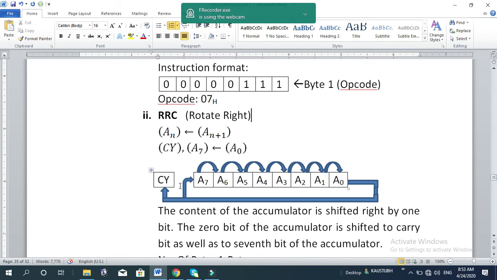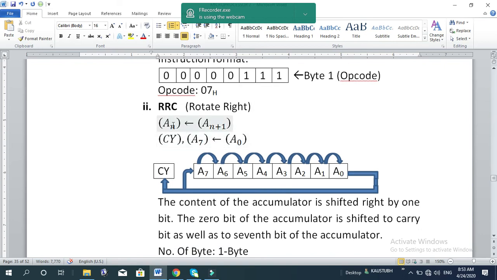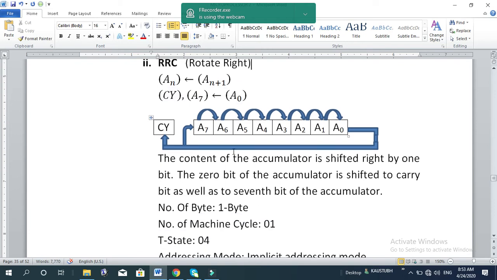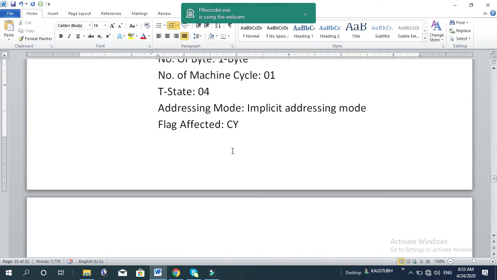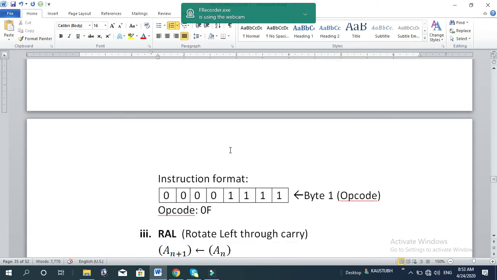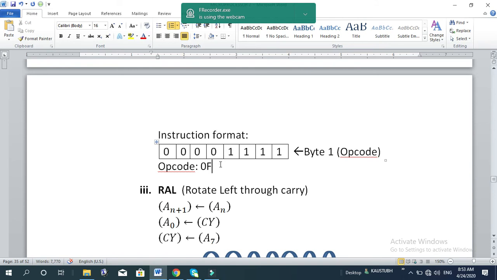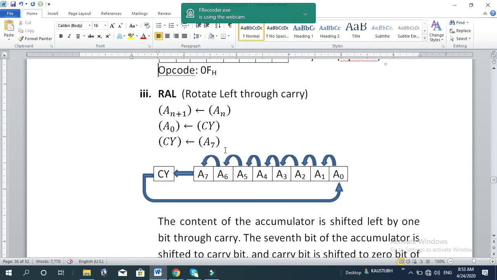In case of RLC, A7 also goes to A0, but here since it is through carry, A7 goes to the carry flag, and whatever be the content of the carry flag is pushed out and will go to A0. That is the difference between RLC and RAL. RLC is without carry: A7 goes to the carry flag as well as to A0. But in RAL, A7 goes to the carry flag and the carry flag goes to A0.